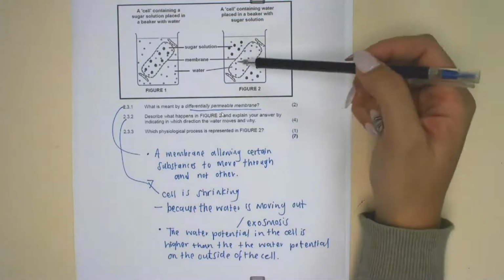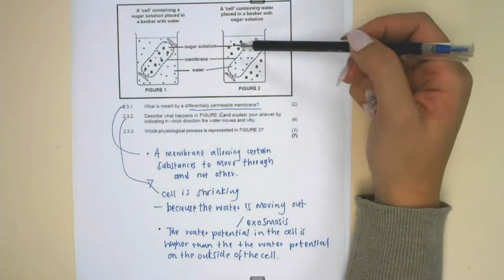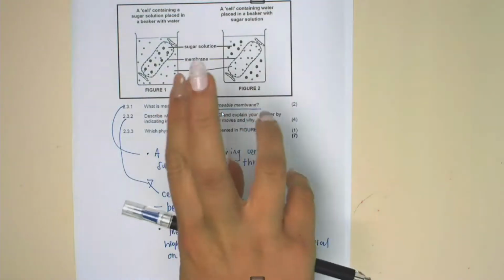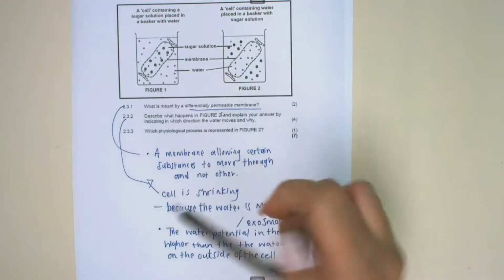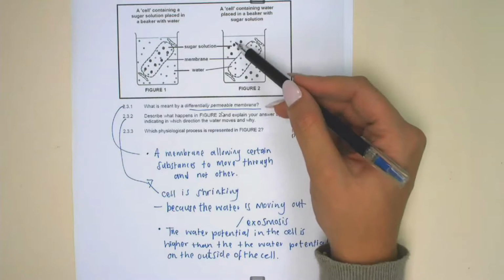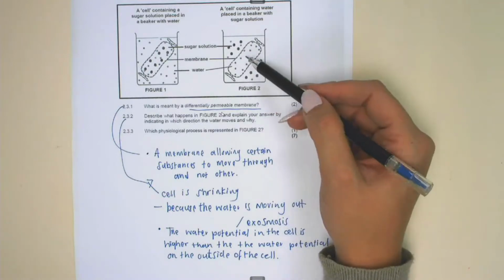So you can also agree if the water moves back in, the outside potential will be higher than the inside. So it works vice versa. If it's higher on the inside, it pushes it out. If it's higher on the outside, it pushes it to the inside.